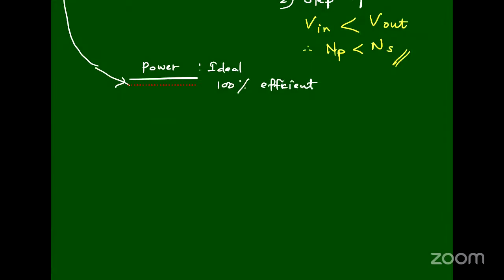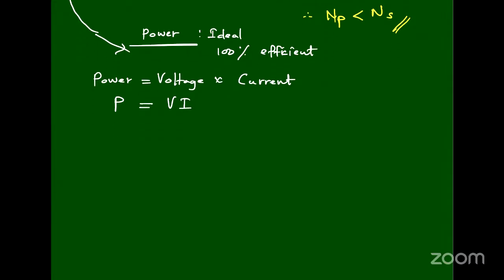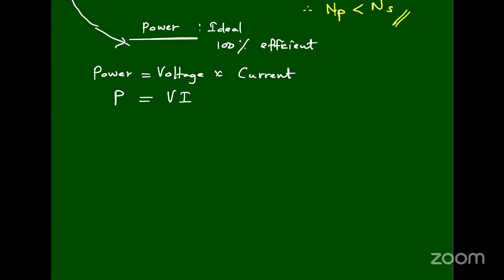So here we can write, we know that power equals voltage into current, which means P equals VI. So if the transformer is to be 100% efficient, then the input power must be equal to the output power.